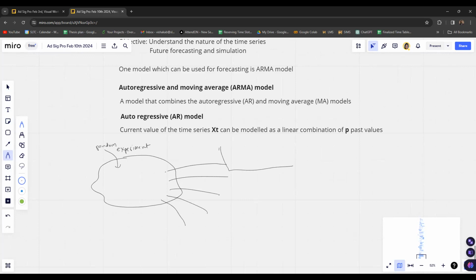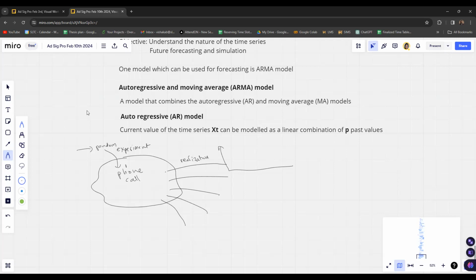So for a random process, you will have multiple realizations. In cases where you are trying to find the received SNR values from a phone call, for example, you are going to take multiple phone calls.